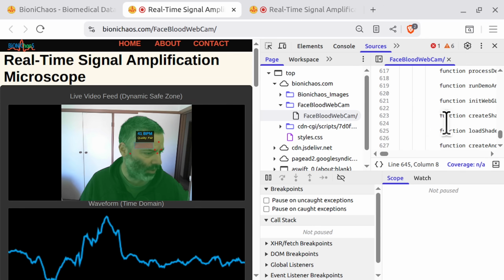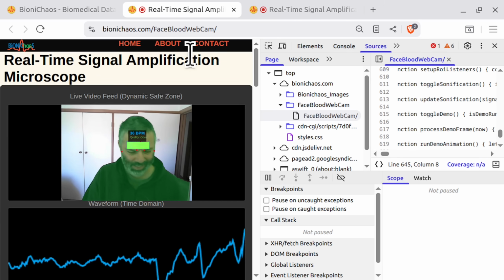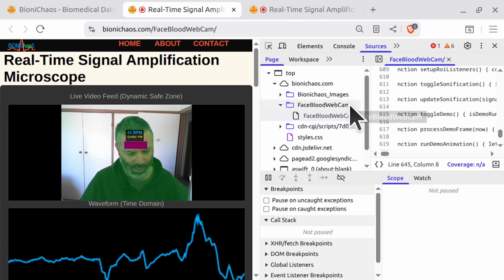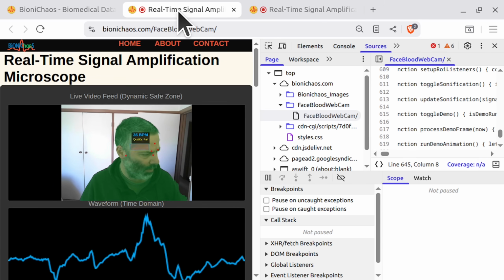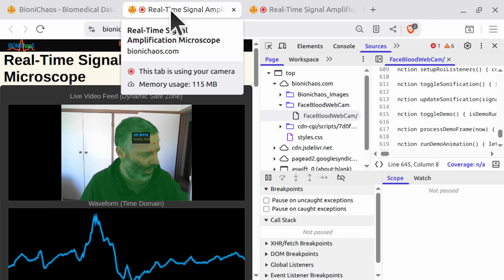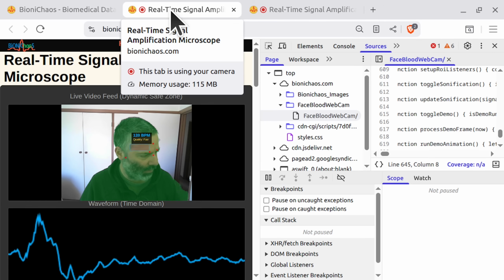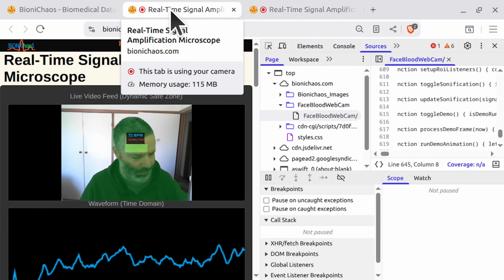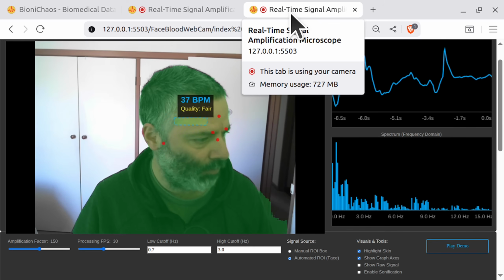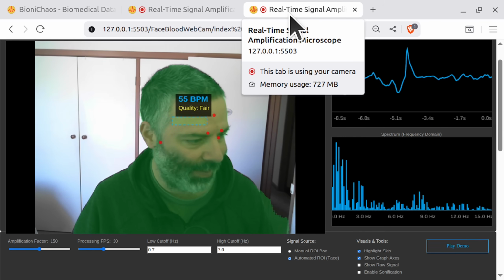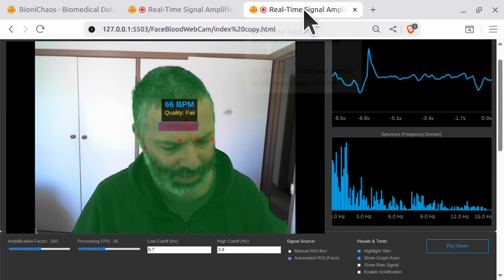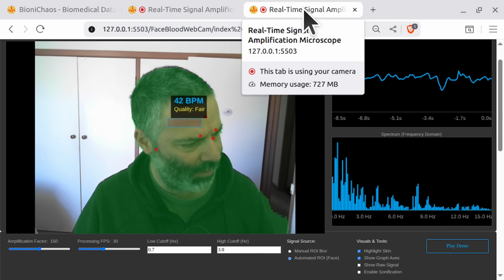So all the functions. In theory, it should work even if you don't have a GPU, but I'm not sure how much memory it will take. In my case, it takes 115 megabytes in the browser. Ooh, 727. I don't know, I think it's WebGL related.